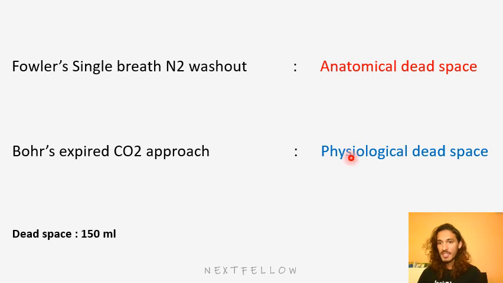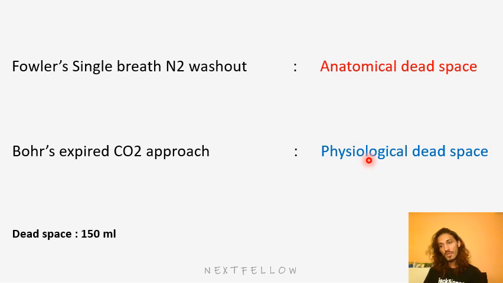Anatomic dead space is whatever dead space is not taking part in respiration throughout your tracheobronchial tree. But physiological dead space means that even if ventilation is there, if not enough perfusion is there in those alveoli, then that will be physiological dead space, because ultimately there's no mixing of air into the blood.